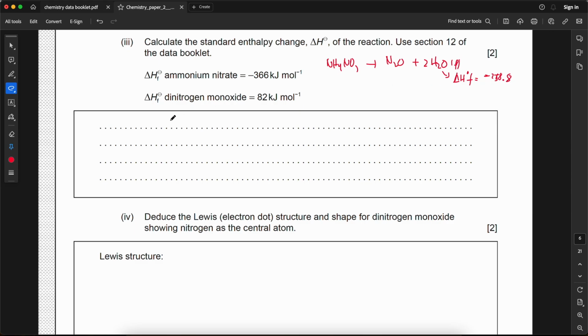Okay, so delta H will be delta Hf of products minus reactants. So that would be 82 for the dinitrogen monoxide plus 2 times negative 285.8 because it's H2O, minus negative 366, then you will get negative 124 kilojoule.